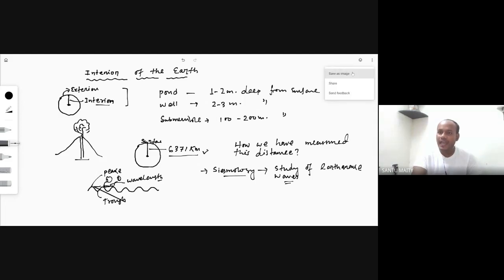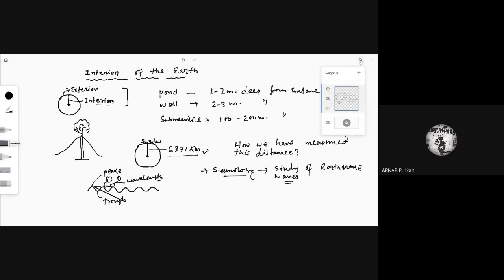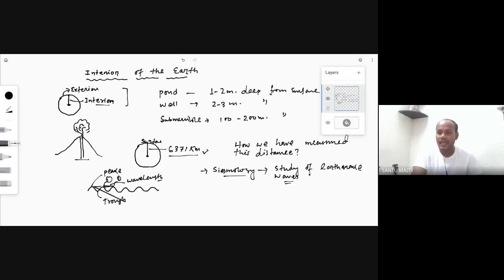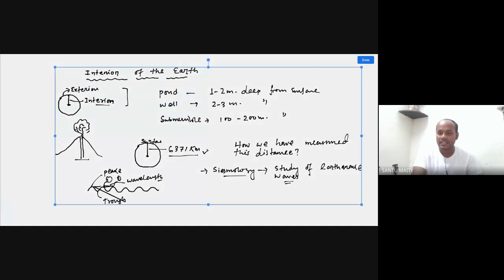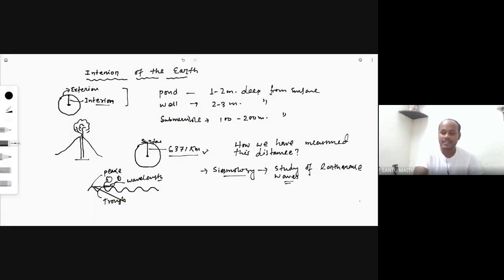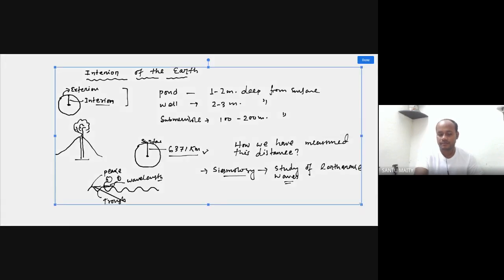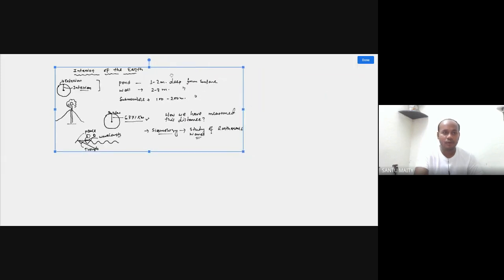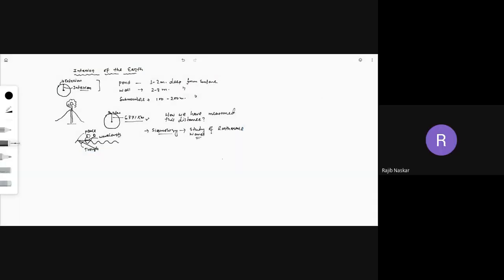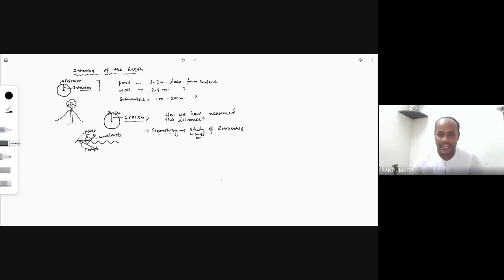How can we prove that earthquake waves have the capacity to travel anywhere? We can prove that. For example, when an earthquake happens, a disturbance is definitely there inside the earth.